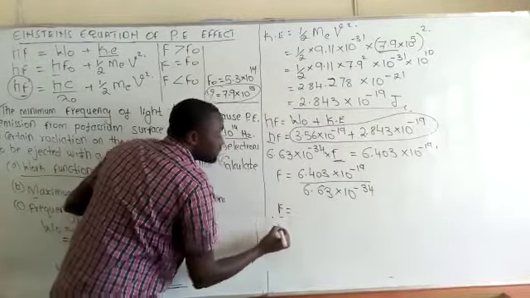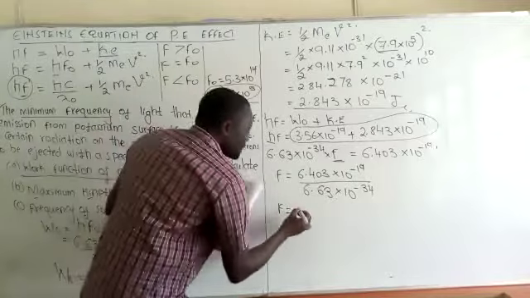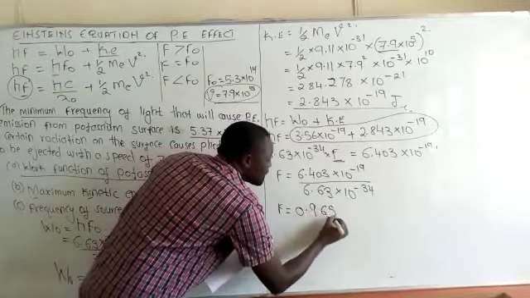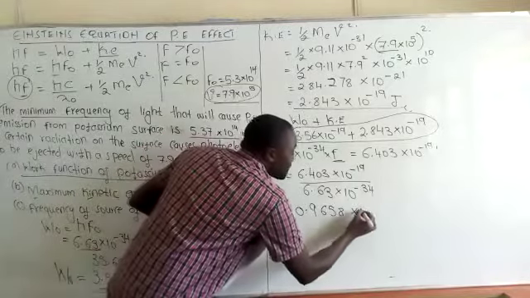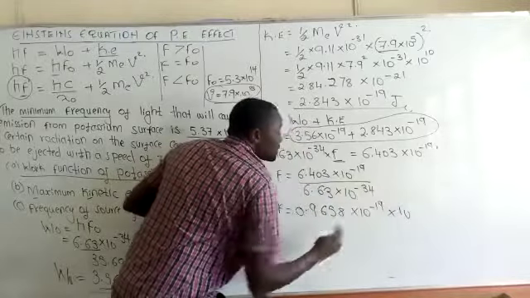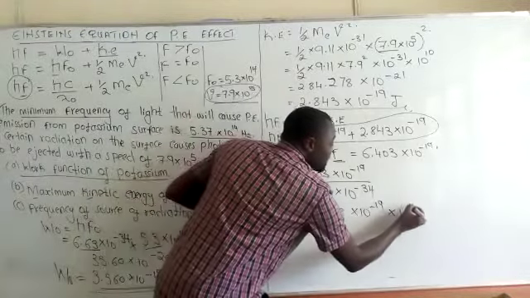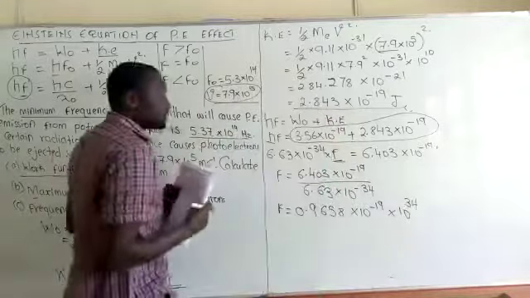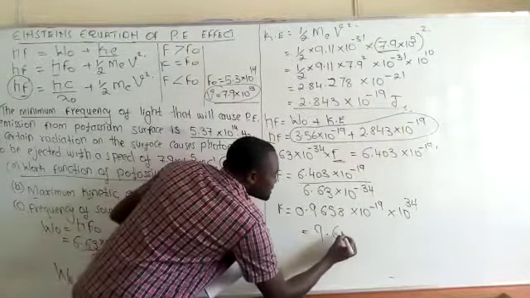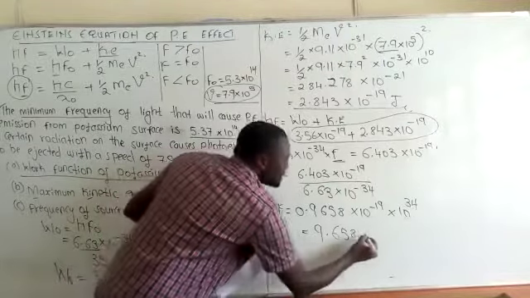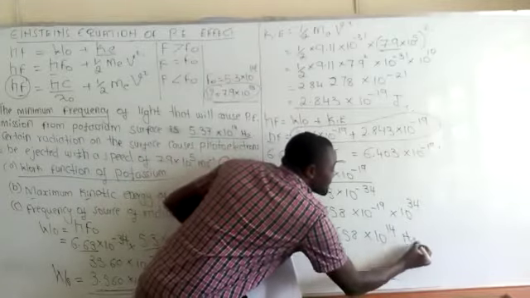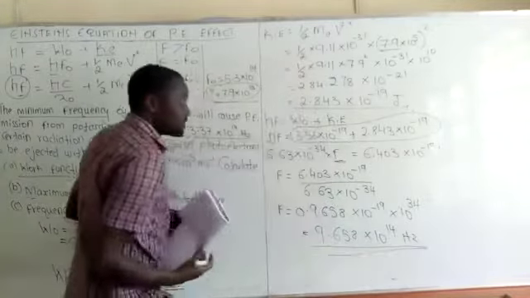This gives us 0.9658 times 10 to the power 15, which is 9.658 times 10 to the power 14 hertz. This will be the frequency of the radiation.